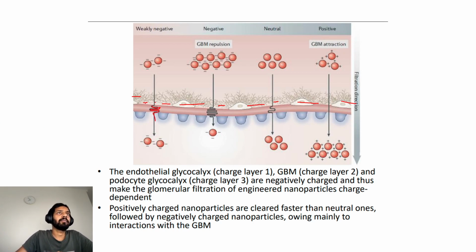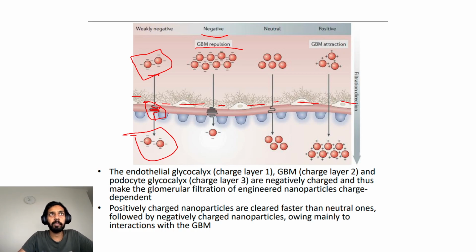That's represented by this squiggly line. If a particle is very negative, there is significant GBM repulsion, and the particle might take a lot more time to get eliminated. If you see here, two of them are getting eliminated, even though they're taking some time. So weakly negative particles, most of them get eliminated, even though they take a long time.